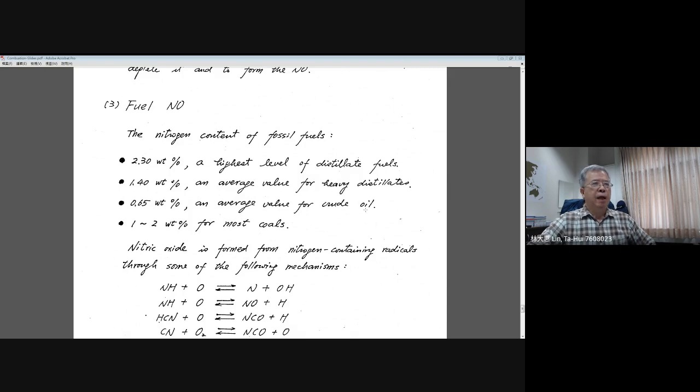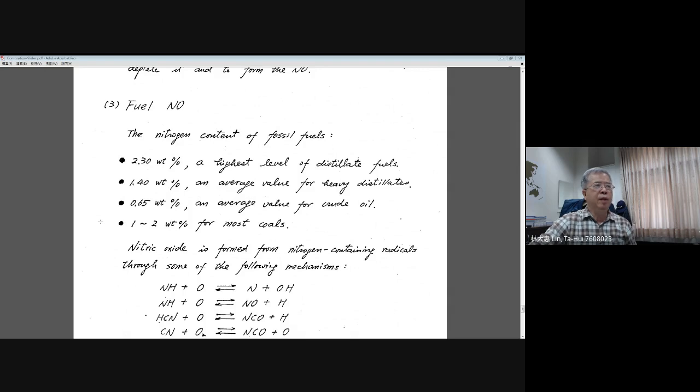Okay, and for the high distillate fuels, because under the distillation process a certain amount of light fuels already evaporate, the whole fuel contains higher boiling point fuels, then the nitrogen content percentage will be increased. For most coals, they always contain 1 to 2 weight percent. Okay, this is general.